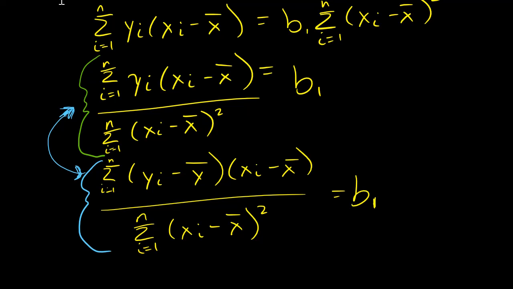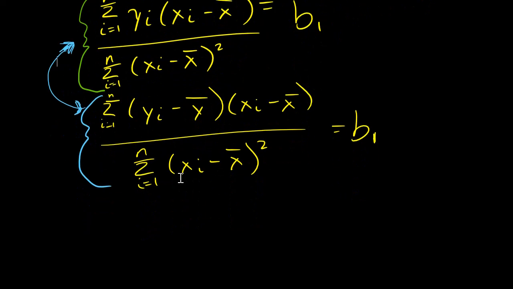The reason it's nice to write it the second way is because we have this notation, S_YX divided by S_XX. S_YX is what you're seeing here: we have yi minus y bar, so centered y values, times centered x values, summed.